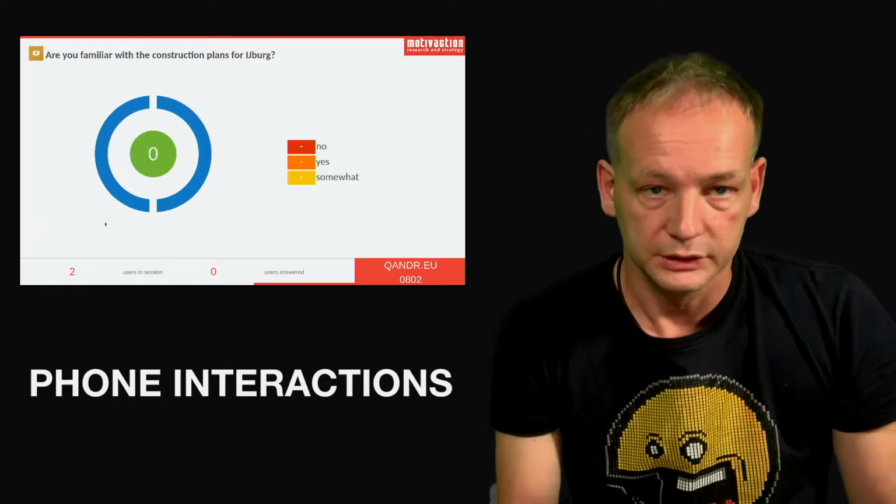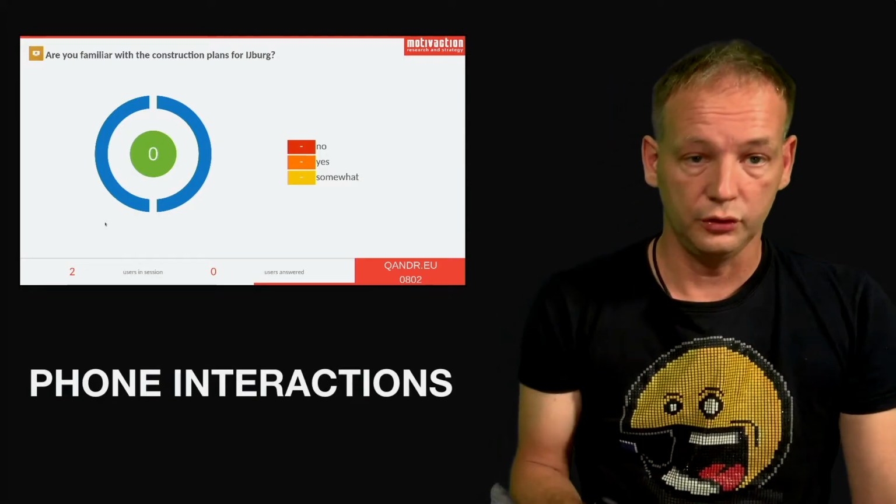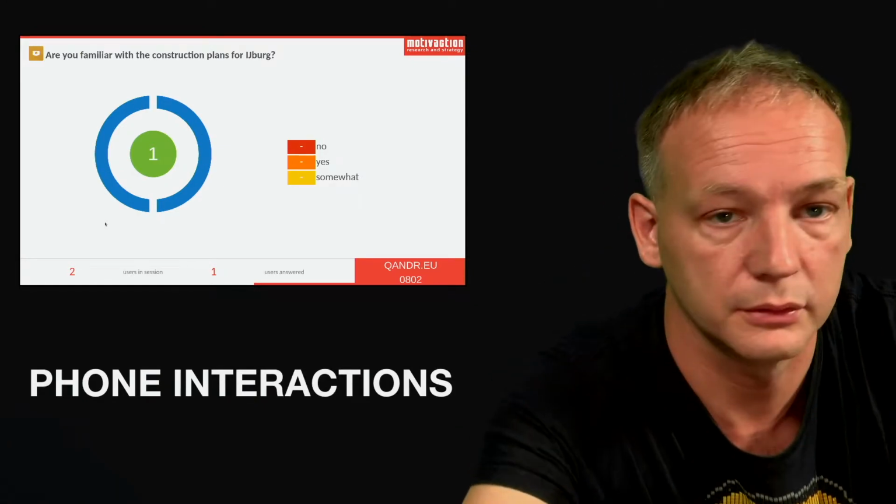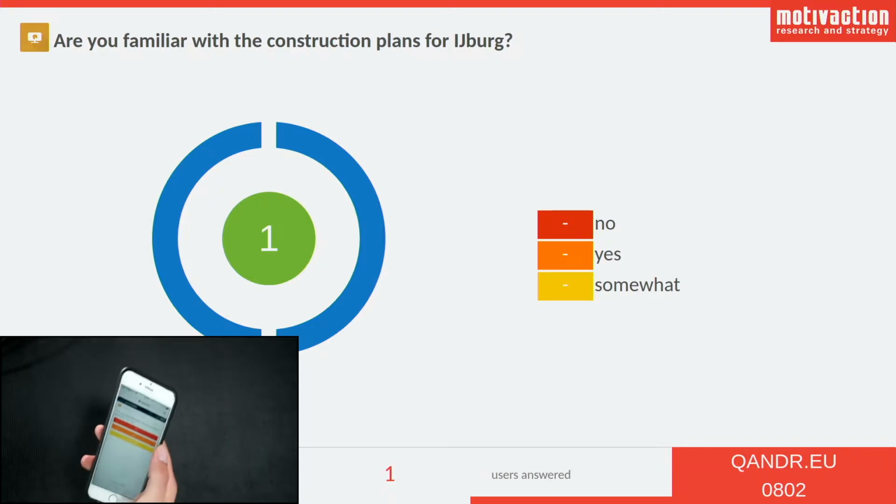So the first interaction I'd like to show you, let me show you the phone again, is a poll. The poll in this case is non-peer influence. You see that my colleague already answered it. The question is, are you familiar with the construction plans for Eiburg? I am, so I click yes. You see my answer also coming in.